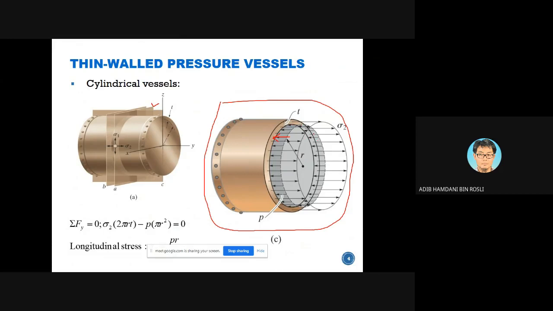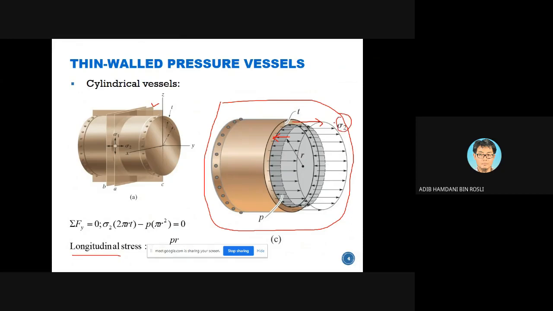And then what happens to this area, the cross-sectional area of the thin vessel wall? So you have this sigma 2. We call this the longitudinal stress, sigma 2.